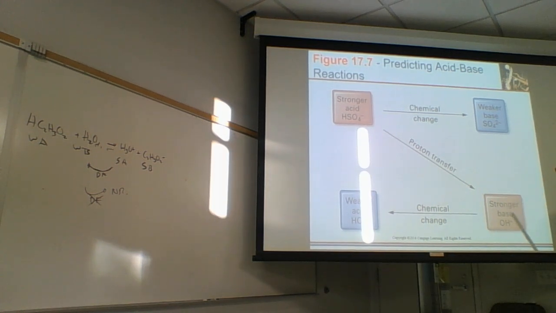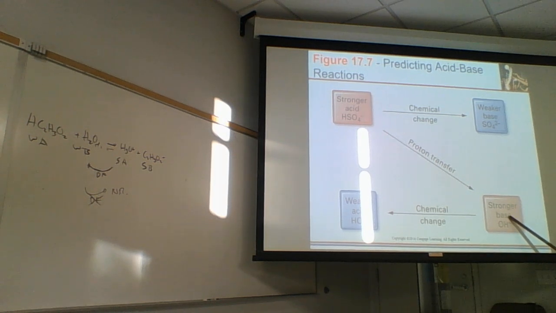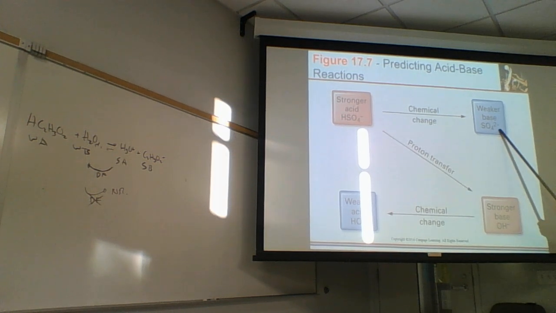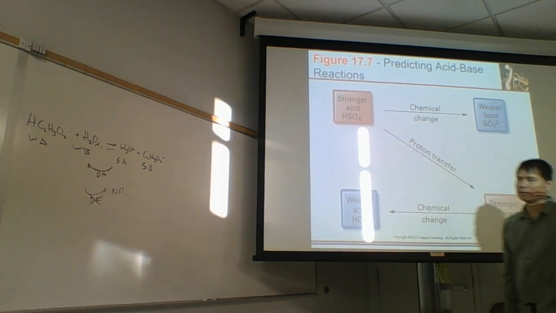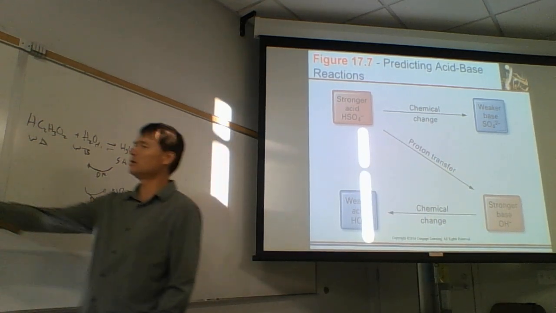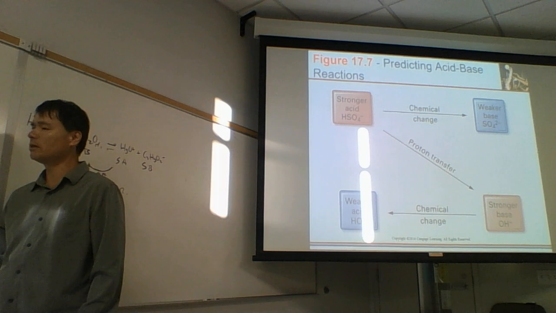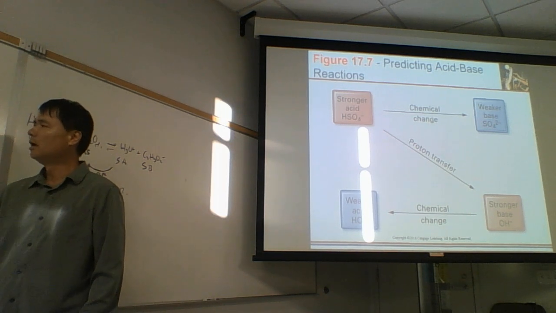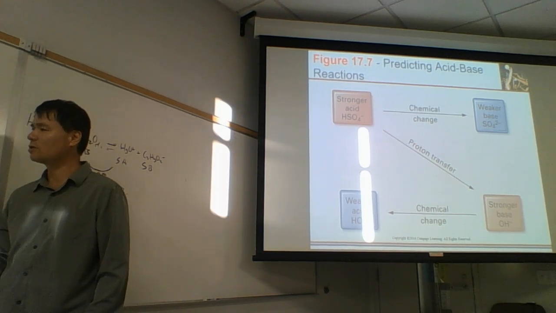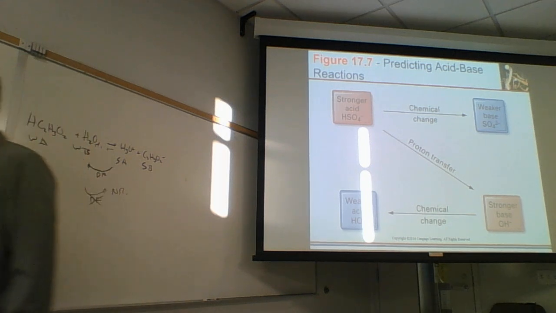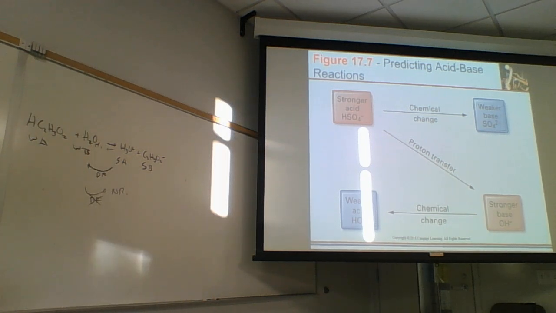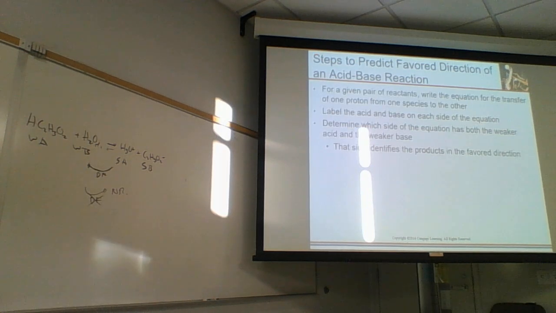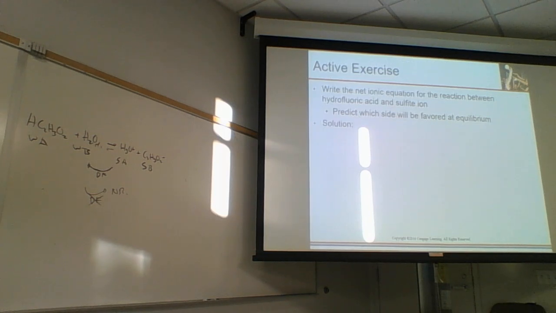And so on the base chart, we want to go uphill in a way, because going uphill, we're going from a stronger base to a weaker base. But overall, it's going to be downhill, you know, stronger to weaker. That's our driving force. That's what we're looking for. If we're going from weaker to stronger, that's not a driving force. That's not what we're looking for. And so this chart we're going to come back to later. But let's take a look at doing reactions here.